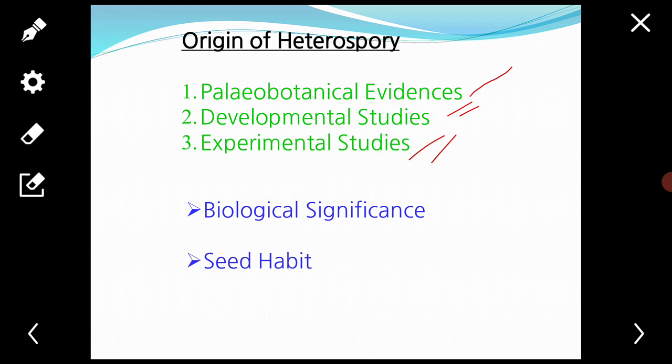While in Marsilea, on sudden lowering of temperature, the size of microspores in the sporocarp increases by 6 times.